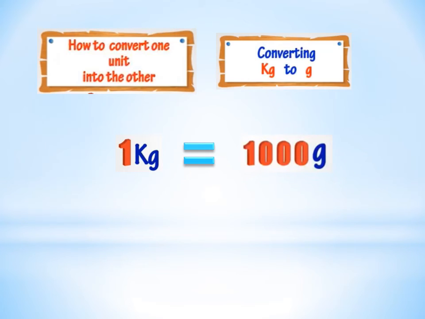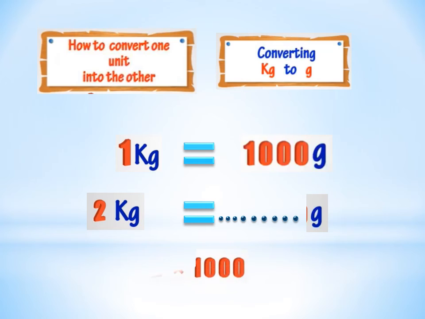Okay, so now we know that 1 kilogram equals 1,000 grams. What if I have 2 kilograms? What will this be in grams? Yes, it will be 2,000 grams. How did I know?